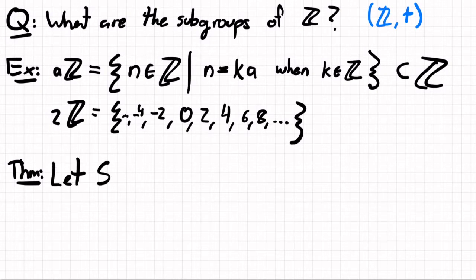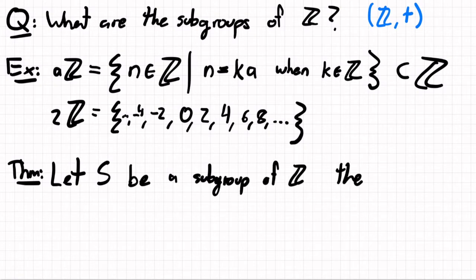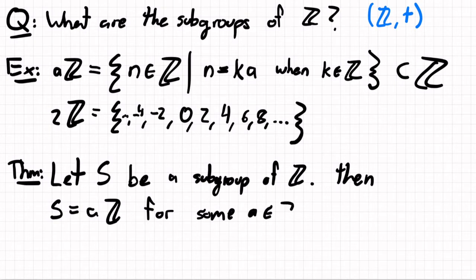Let S be a subgroup of Z, then S equals aZ for some a in Z.